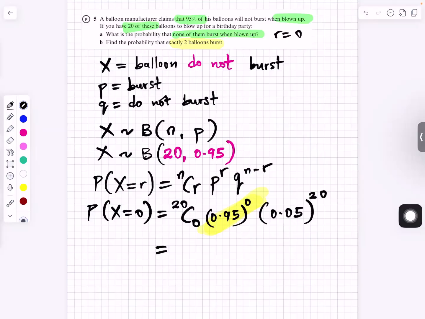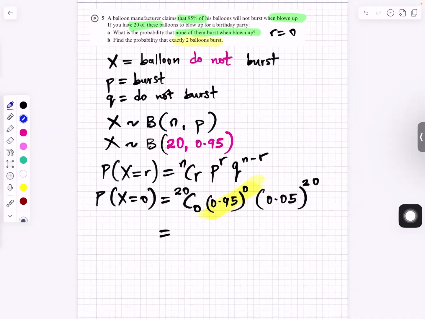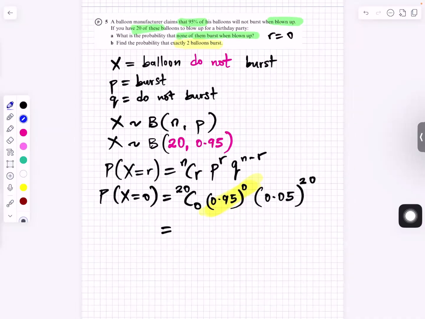So probability of X equals 0. Well, let me look at it another way, because looking at this here is different. What's the probability of not bursting? 0.05.